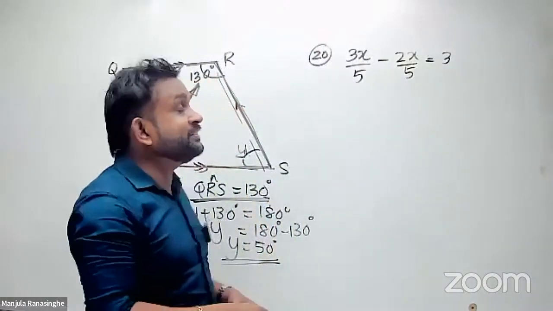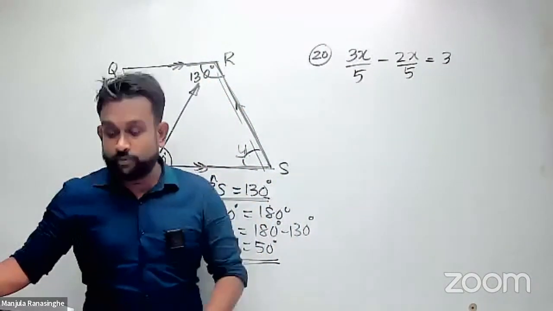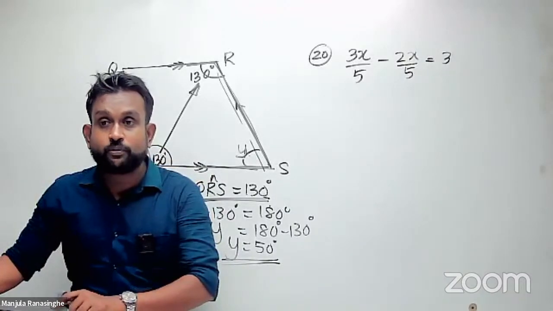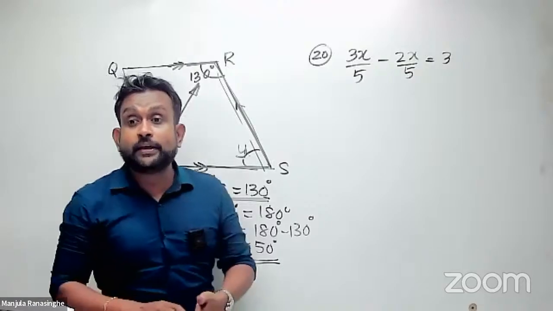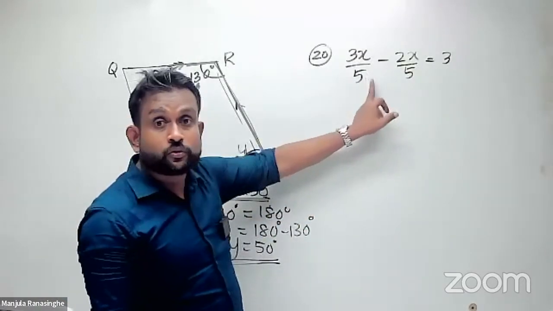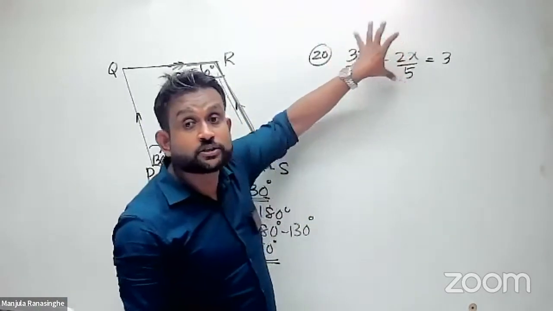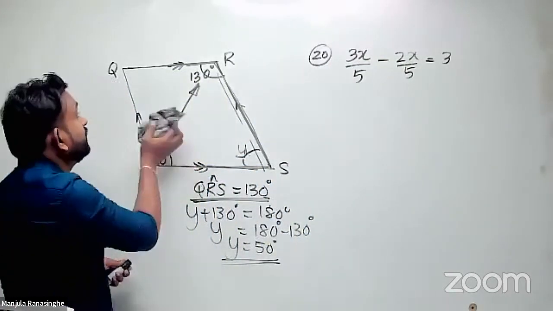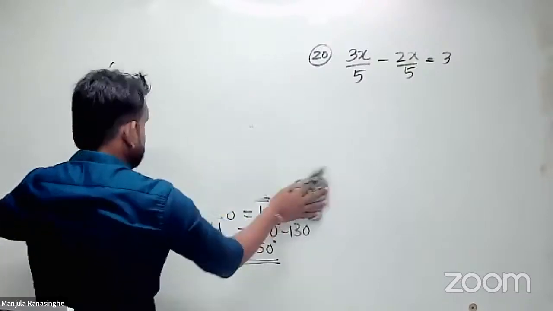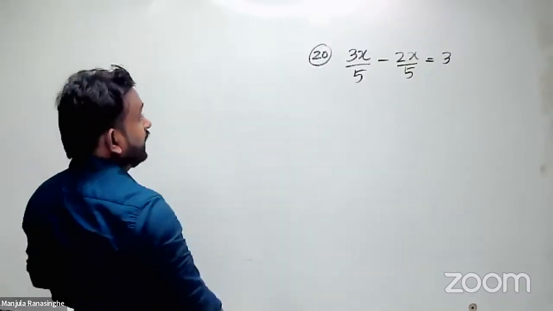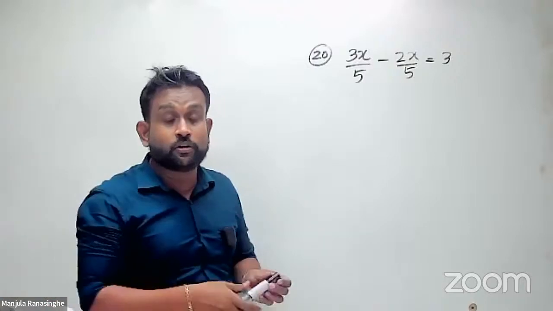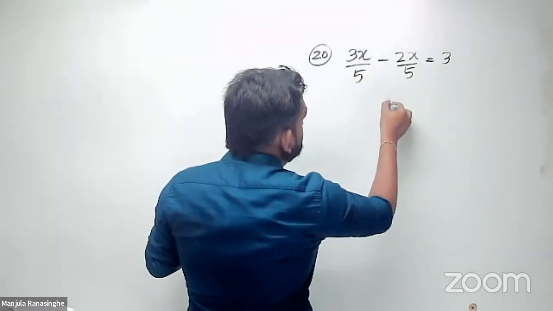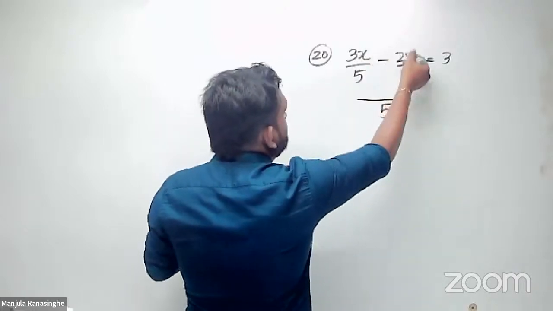Now this is an equation. Which equation? A simple equation, and here it is in fraction form. So how do we subtract these two fractions? You know that in fractions, their denominators must be equal. The denominators are already equal, so write 5 the same. Keep the denominator 5 and subtract 3x minus 2x.